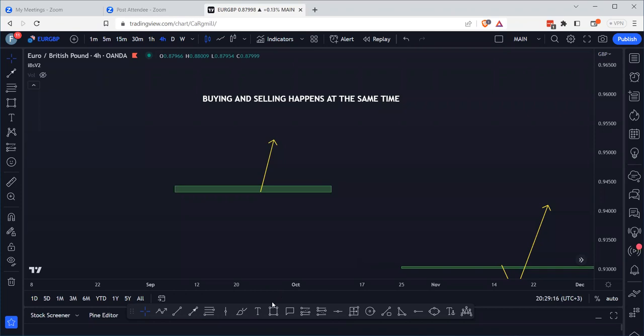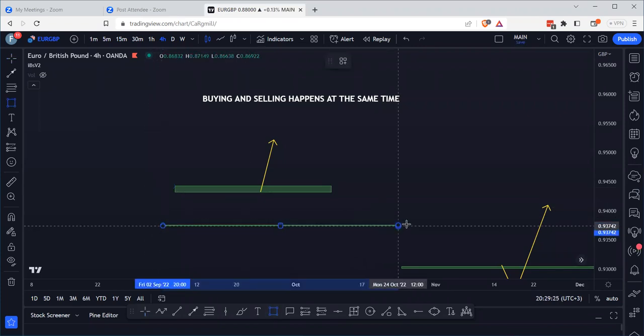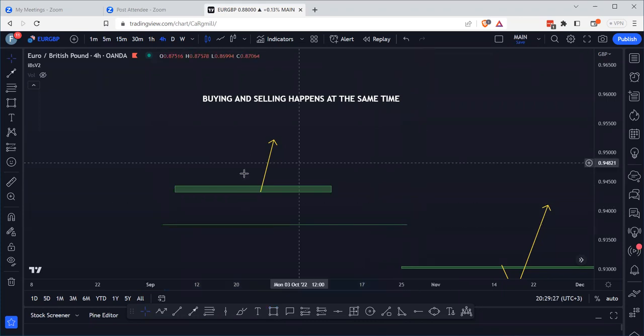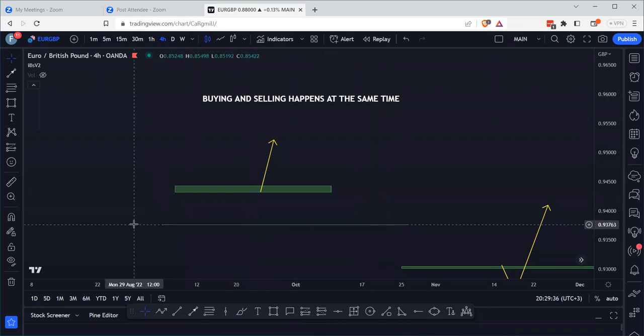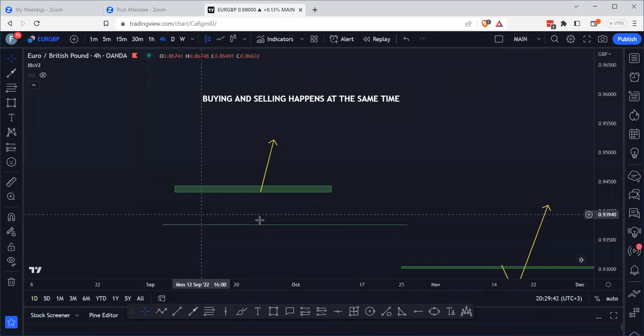And in a support zone, you are going to put your stop loss here. So you are buying this currency pair, and your stop loss is somewhere here. Your stop loss is simply saying that's a price at which you want to sell off your order if price goes against you. So your stop loss is a sell order.